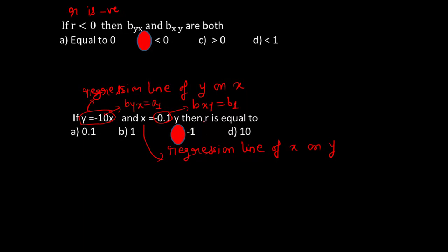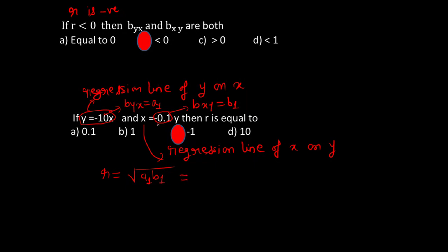So what is asked is the value of r, right? We know the relation between a1, b1 and r. The relation is r is equal to under root of a1 into b1, right? This is the formula of the geometric mean of a1 and b1.